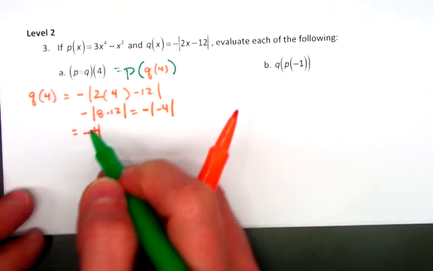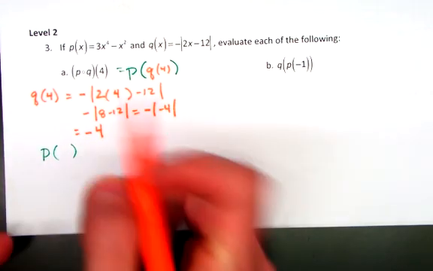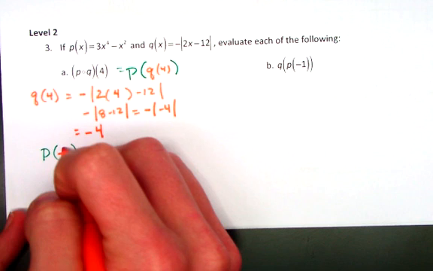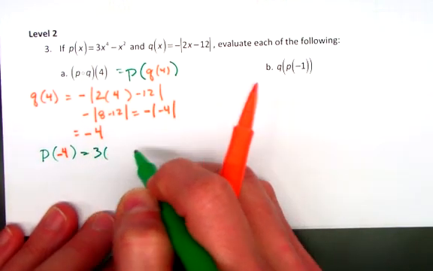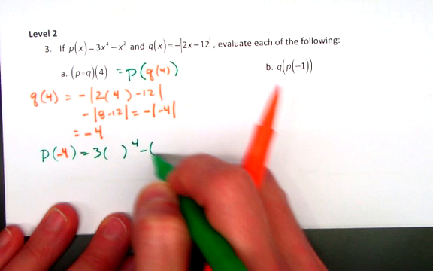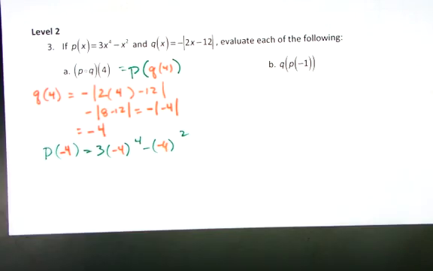Now we want to take this Q of 4 value and plug it into P. So instead of putting Q of 4, we put the value negative 4. Then we get 3 parentheses to the 4th minus parentheses squared, and we plug in negative 4.